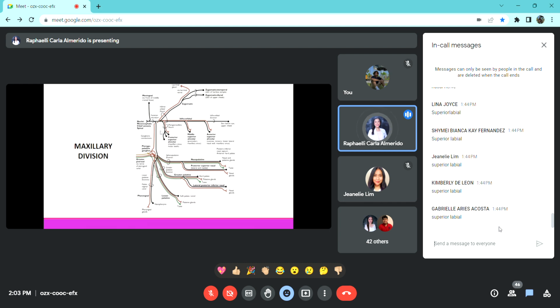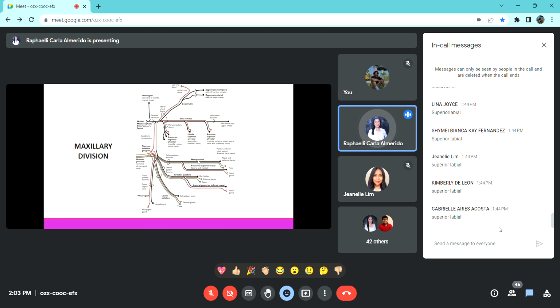Okay, PSAN is different yung location niya. It's different to the MSAN and ASAN. And it becomes your PSAN when it enters your pterygomaxillary fissure. And then also for the maxillary division, you have your pterygopalatine ganglion or your sphenopalatine ganglion.